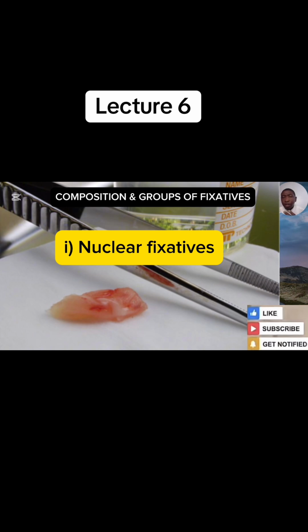Examples of nuclear fixatives are Flemming's fluid, Carnoy's fluid, Bouin's fluid, Newcomer's fluid, Heidenhain's Susa, and others. The second category under cytological fixatives is the cytoplasmic fixatives. Cytoplasmic fixatives preserve cytoplasmic structures. Examples are Kelly's fluid, Regaud's fluid, or Orth's fluid.